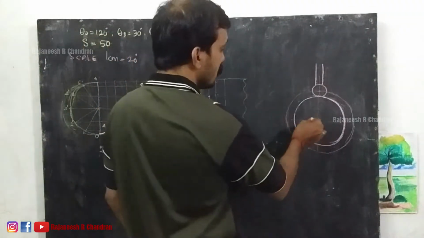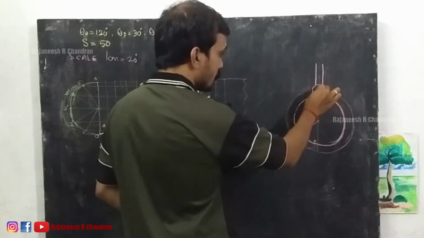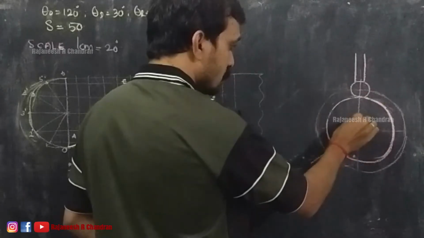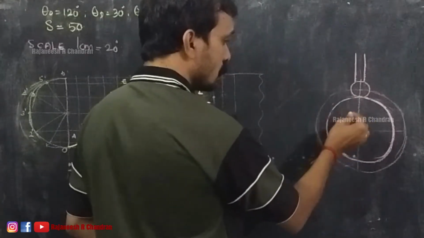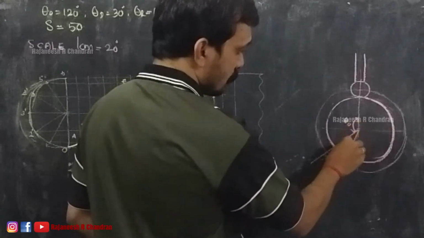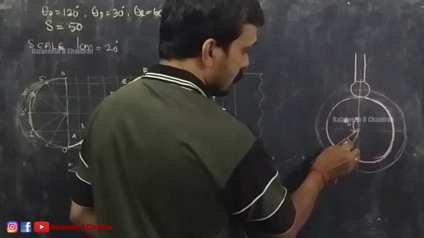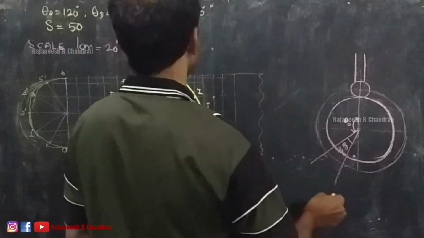So first this will be 120 degree, so this will be theta O, the outstroke, then there will be 30, so this will be the first dwell, 30 degree, then there will be a 60 degree.